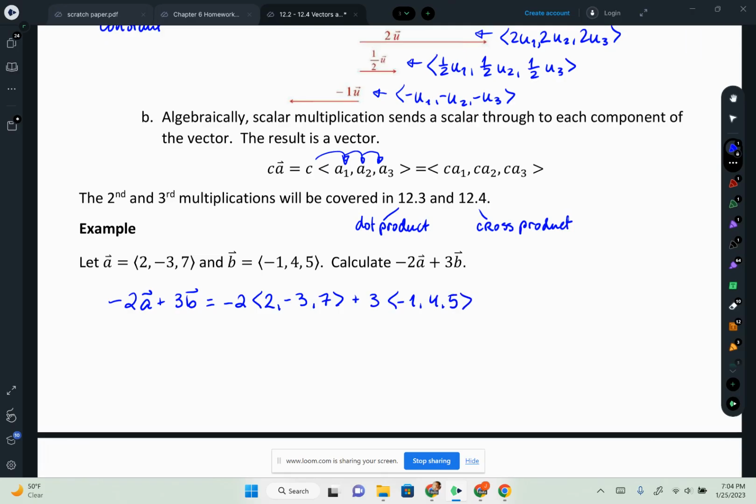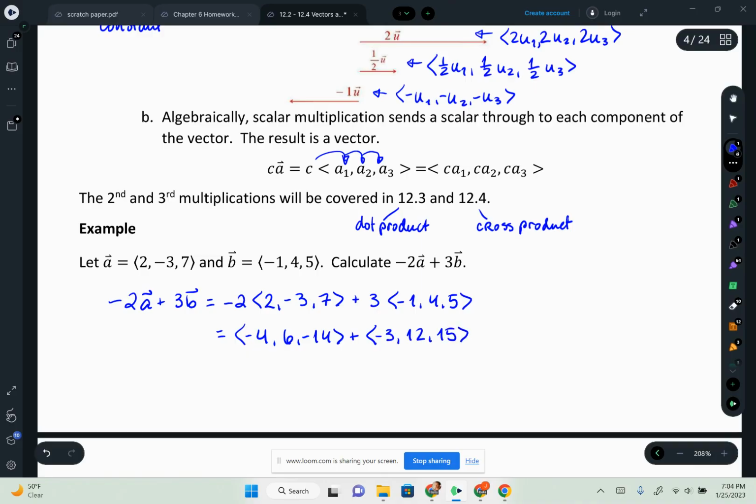Now I'm going to distribute those scalars through. When I distribute a -2, all my signs will change as well. So I get a -4, a +6, and a -14, plus I'm going to distribute the 3. I get a -3, a 12, and a 15 in my vector. Now I can add the like components.